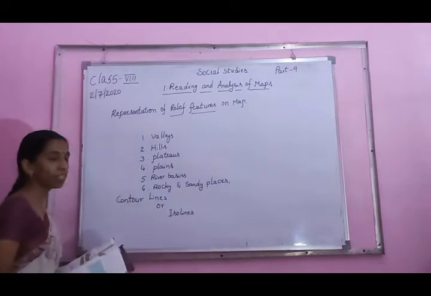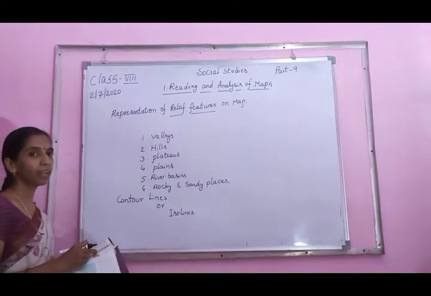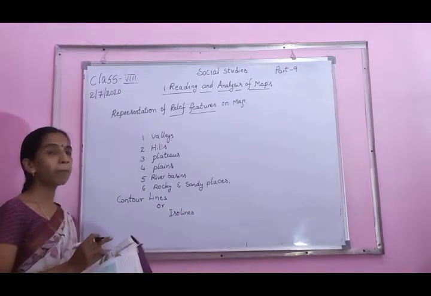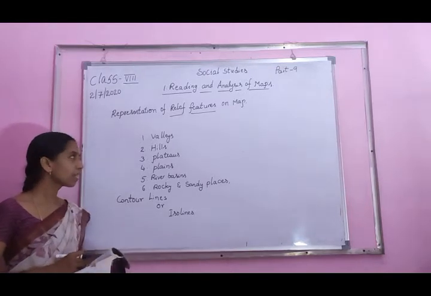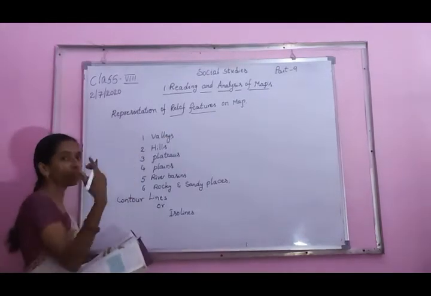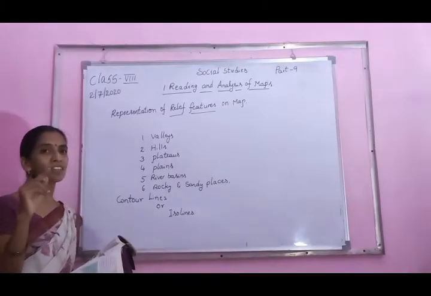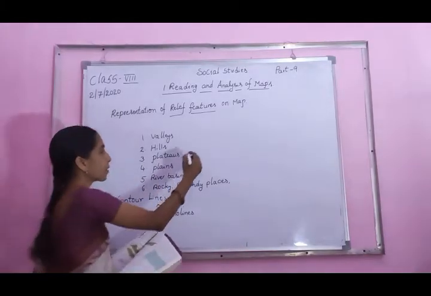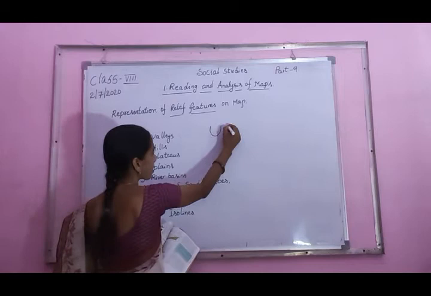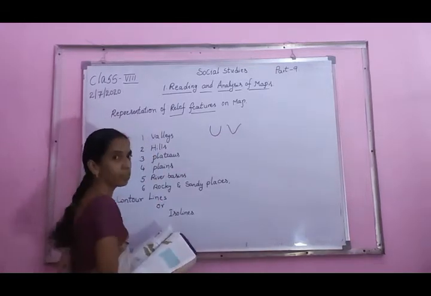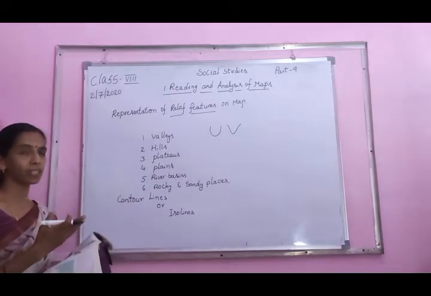Have you understood? On the earth's surface, different types of relief features are there. Main relief features: valleys, hills. These valleys are again two types: U-shaped valleys and V-shaped valleys, especially in the mountain areas.